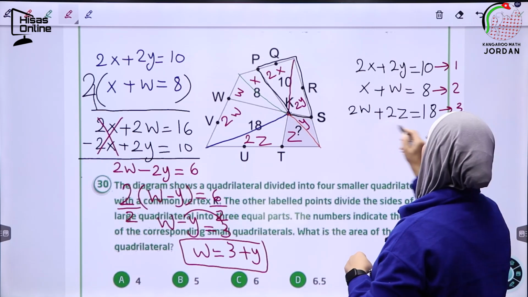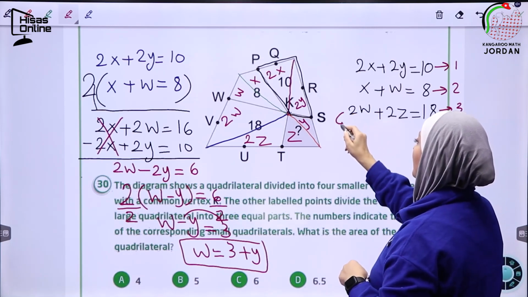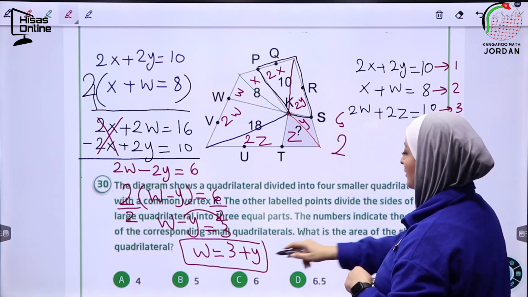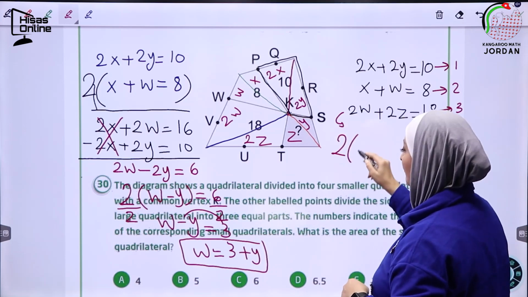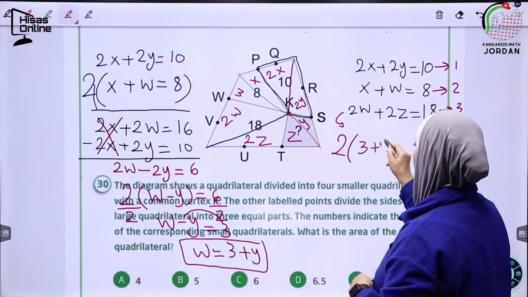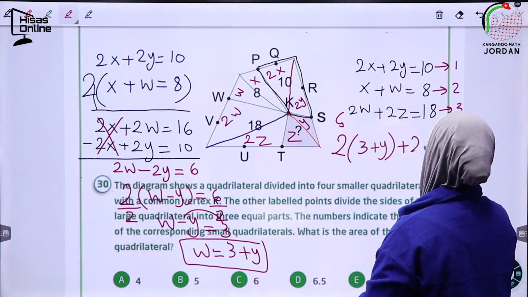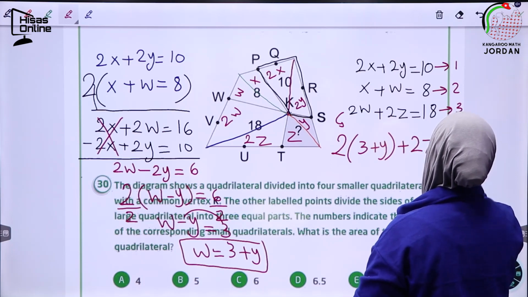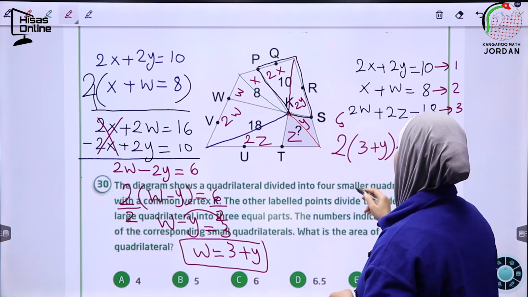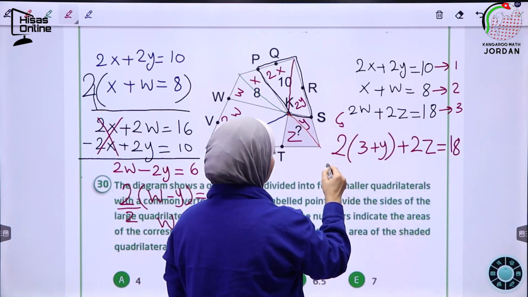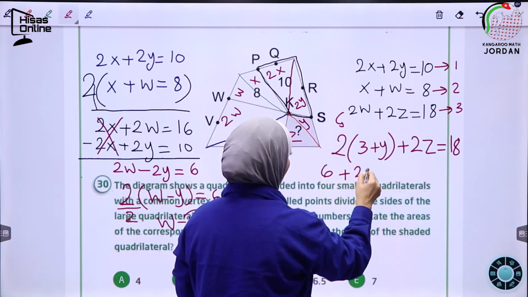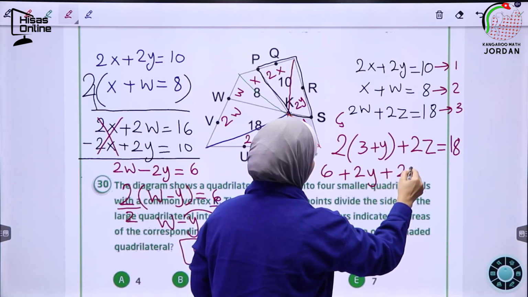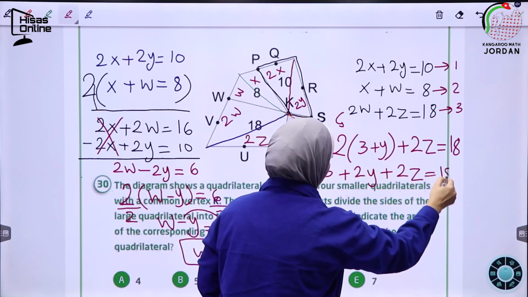So we will use equation number 3, 2 times this value of w plus 2z equals 18. Let's distribute the brackets. So it's 6 plus 2y plus 2z equals 18.